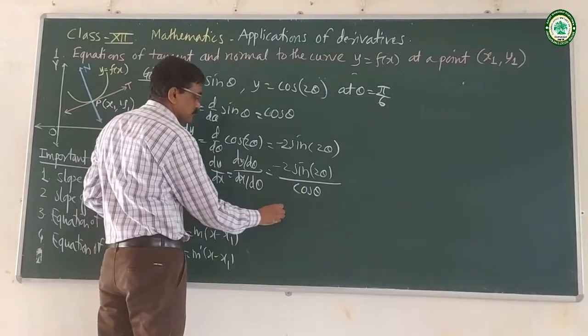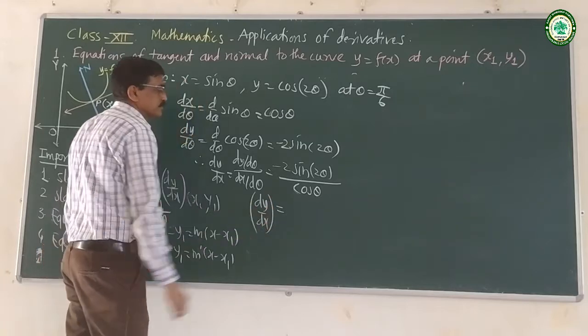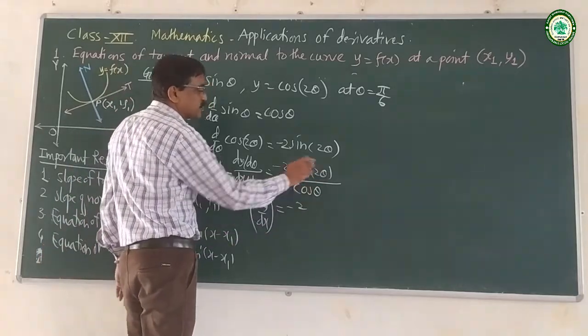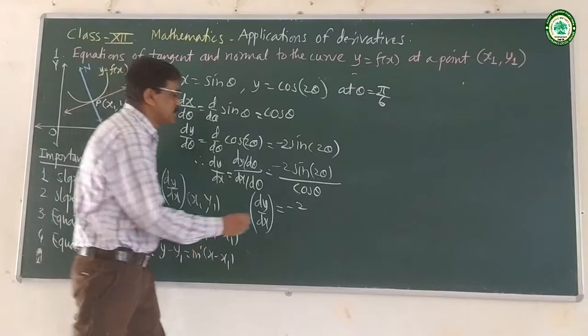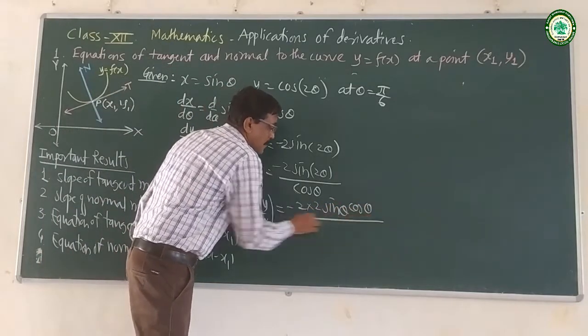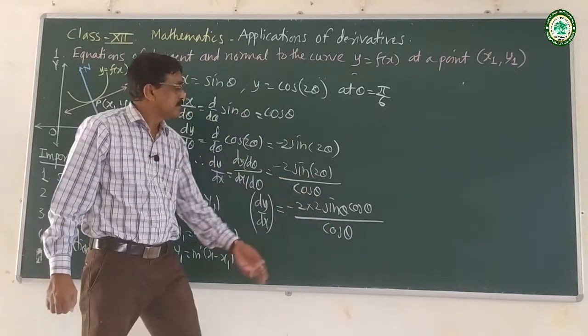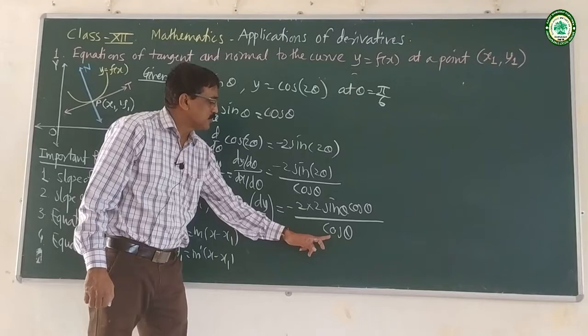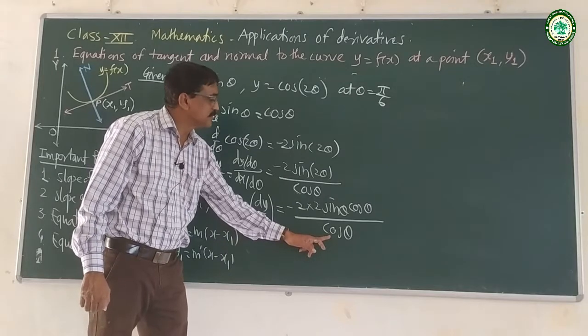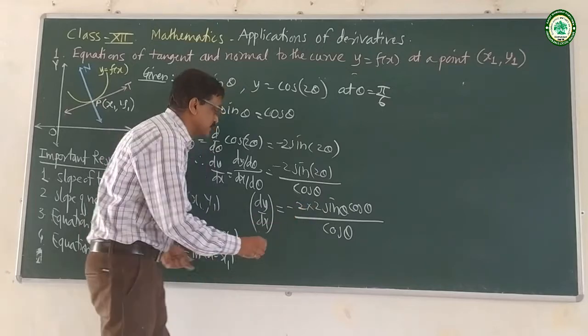Let us simplify it. Minus 2, what is sine 2 theta? Trigonometric formula, it is 2 sine theta into cos theta upon cos theta. Cos theta to cos theta is 1, what remains? Minus 2 into 2, 4, minus 4 sine theta.